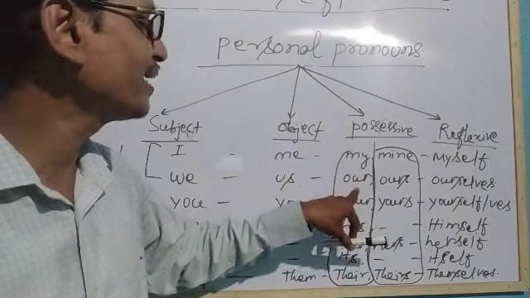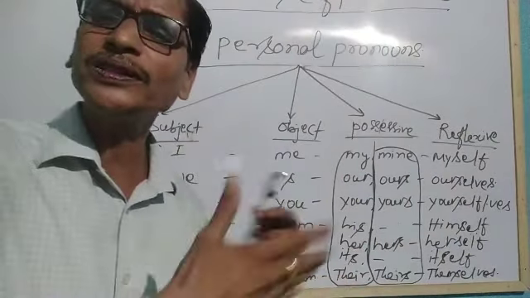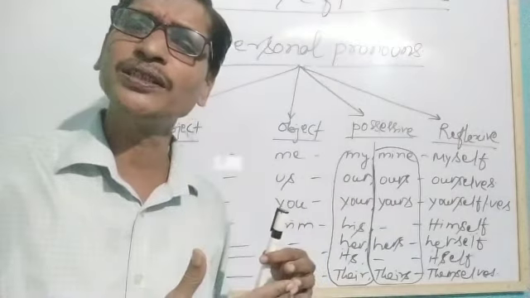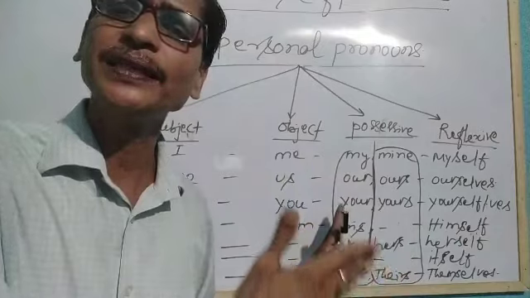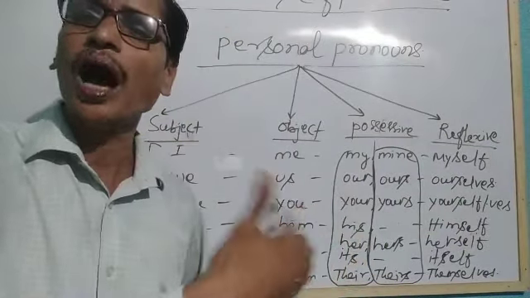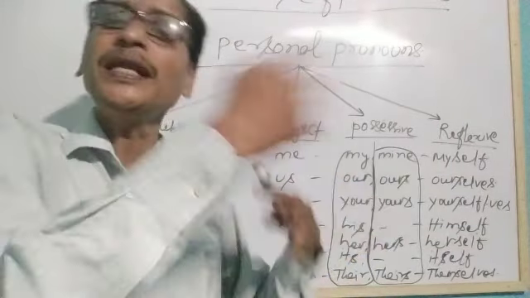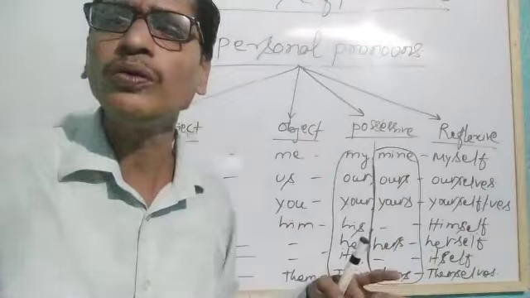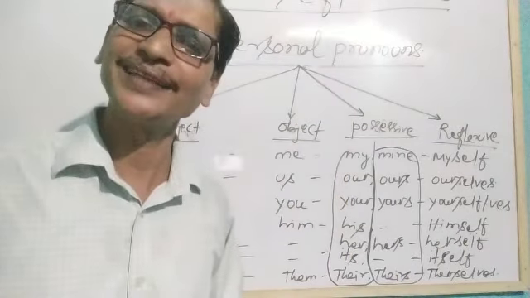But my, our, your, his, her, its, their are functioning as possessive adjectives because in every sentence, wherever we are using them, after them there is a noun, which these words are modifying. They are expressing the possessive case as well as modifying the meaning of the noun. Therefore, they are called possessive adjectives. Understand?